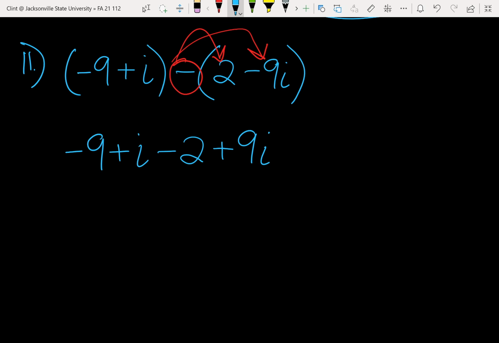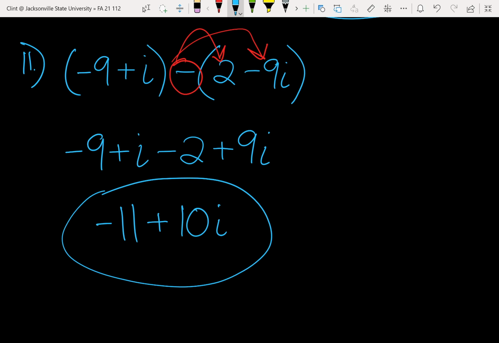Negative 9 minus 2, negative 11. Then we have i plus 9i, so plus 10i. We're finished. Questions on that one? Adding and subtracting the complex numbers, not that complicated. We don't have to worry about getting i squared when we're adding or subtracting, so not all that involved.